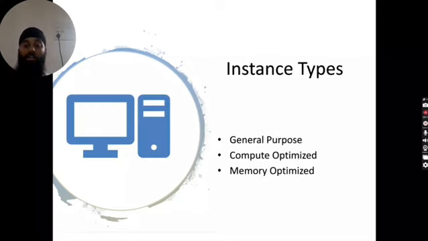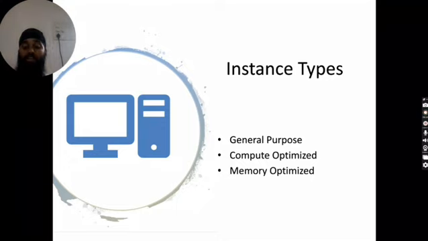So what are the types of EC2 instances? Based upon the use cases, there are three types of EC2 instances: general purpose, compute optimized, and memory optimized. In general purpose, the CPU and RAM are balanced. A lot of small web apps and general purpose web apps are deployed on general purpose EC2 instances.